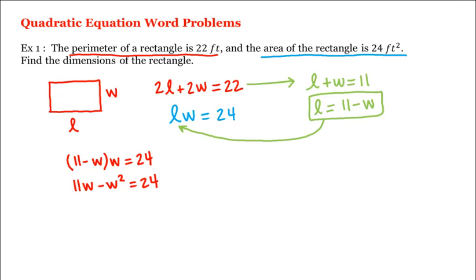And bringing all the terms to one side, we get W squared minus 11W plus 24 is equal to 0.